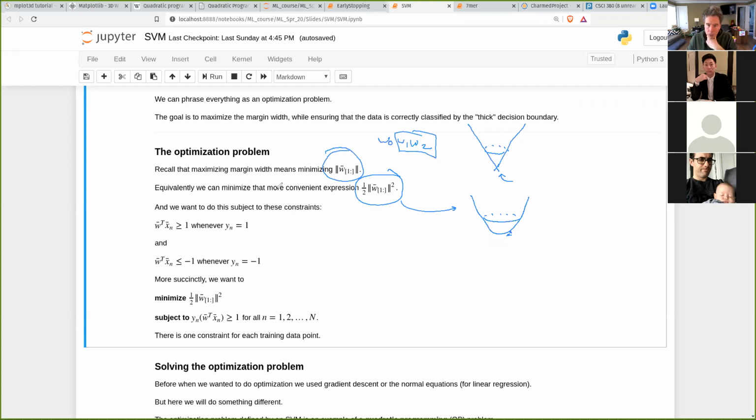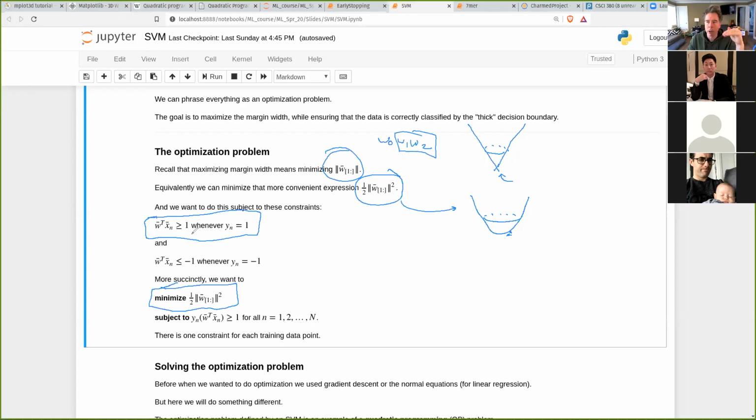Okay, so here's what we're going to minimize. We're going to minimize that. And so that's the objective function. And what are the constraints going to be? We want all of the positive features to be on one side of the top margin.